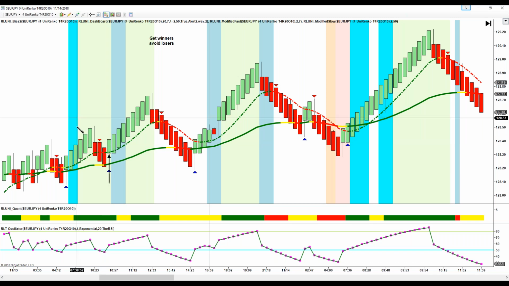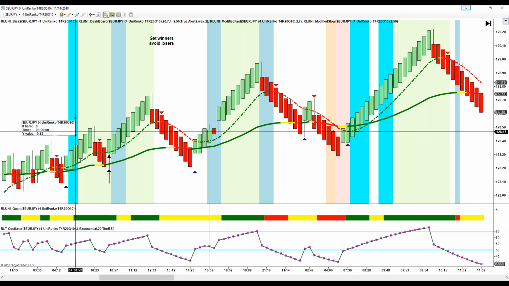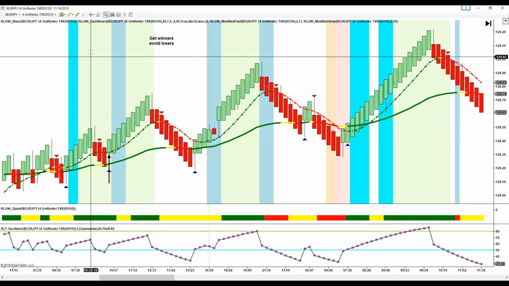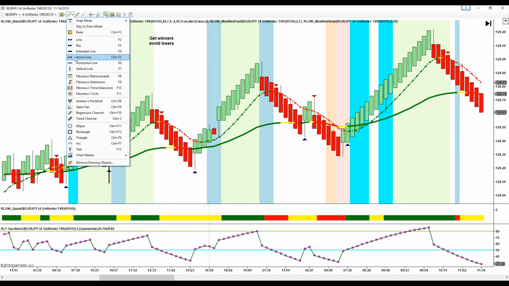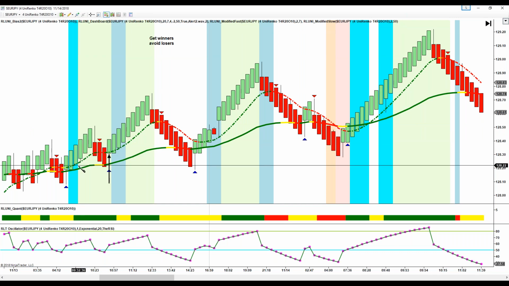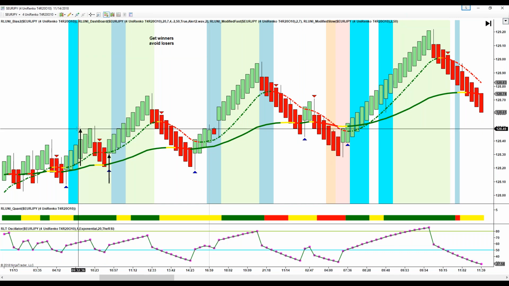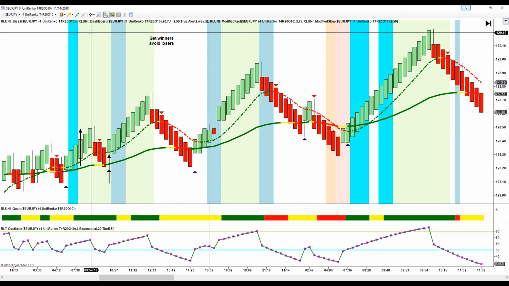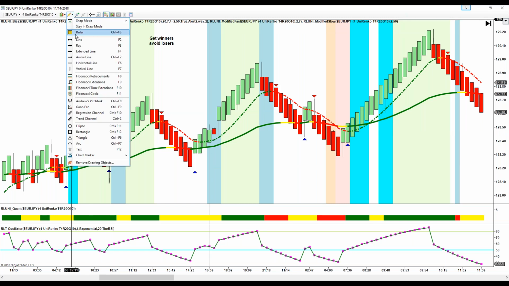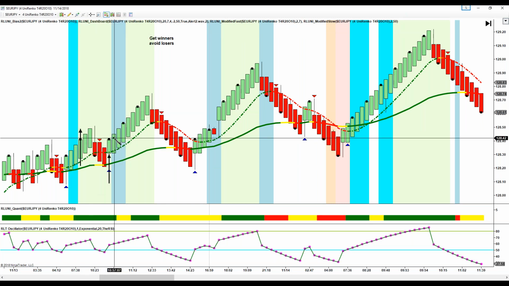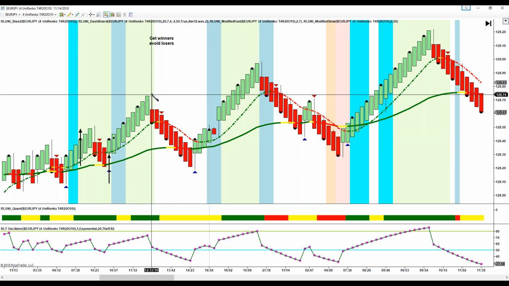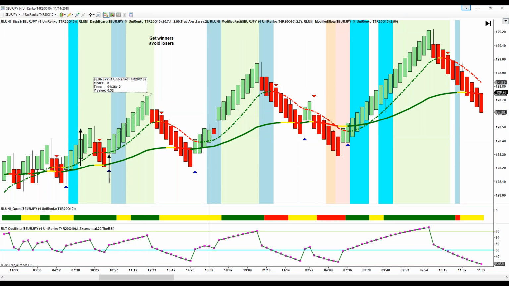You're going to have a lot of opportunities. I mean, you're going to be sitting and watching this chart for a couple of minutes right here. Here's your entry. But this is a big trade. Well, 32 pips. It's not a bad trade.